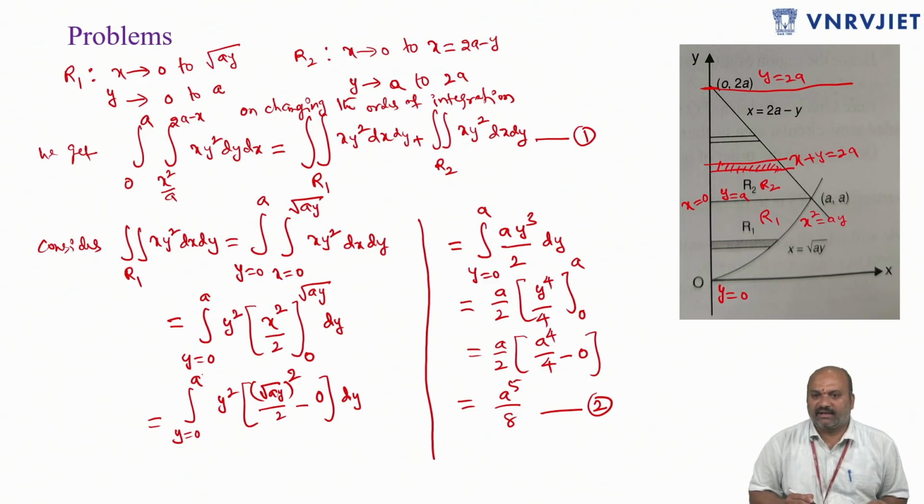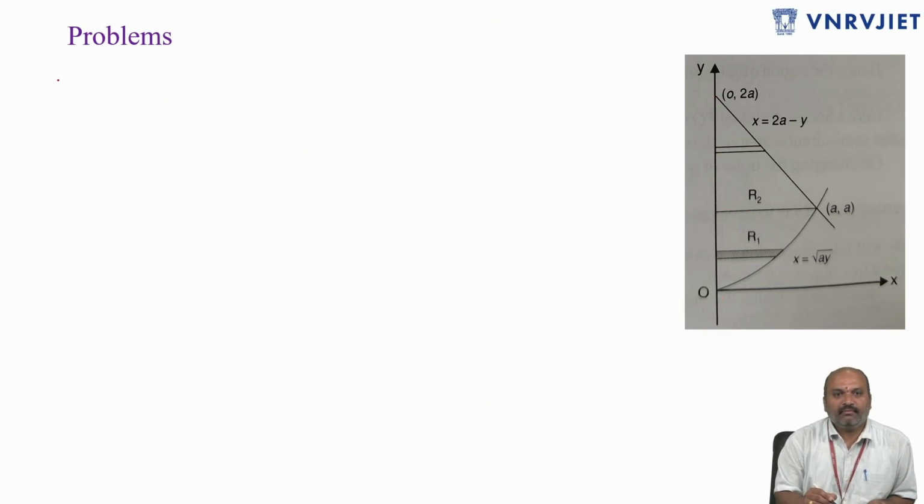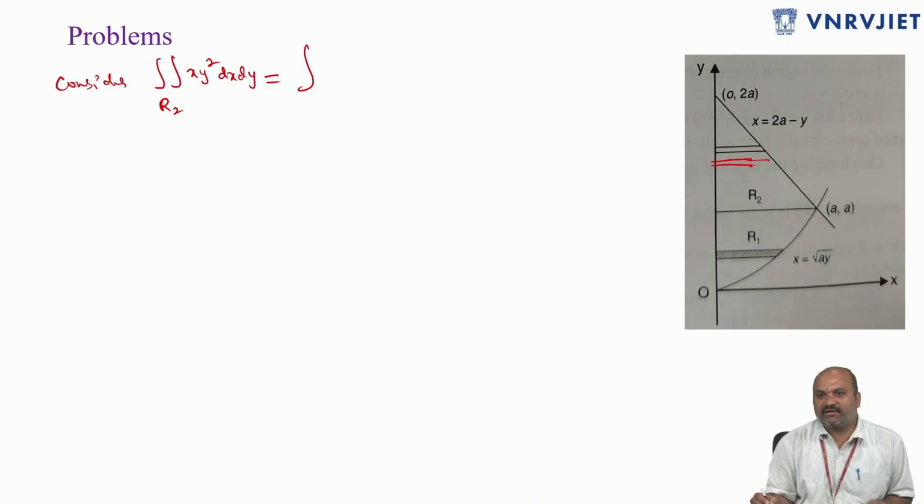Let's evaluate the integral over the region R2. Consider the double integral over the region R2 of xy square dx dy. Here for R2 limits, considering a vertical or horizontal strip, the left end of the strip is moving on x equals 0, and the right end of the strip is moving on x equals 2a minus y.